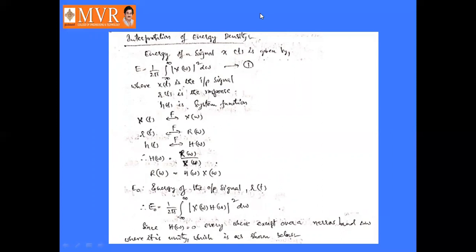So here x(t) is the input signal, r(t) is the response, and h(t) is the system function.